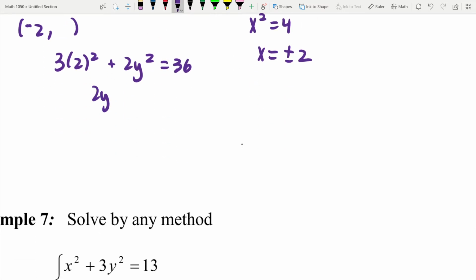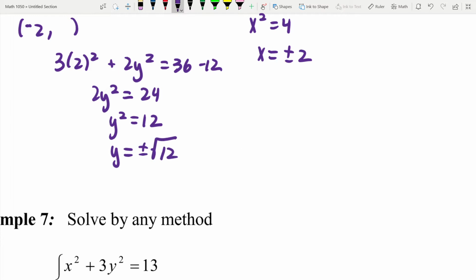So I'm going to have 2y to the second equals. My 12 comes over and becomes a negative, and I get 24. Then I divide by 2. I get y squared equals 12. Square root it, y equals, what comes right after the equals? Plus or minus square root of 12.